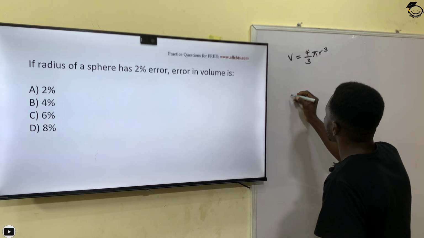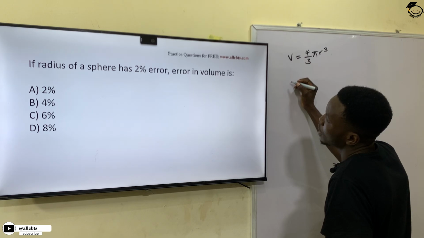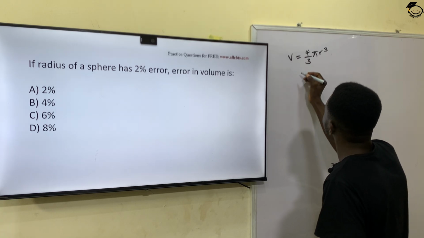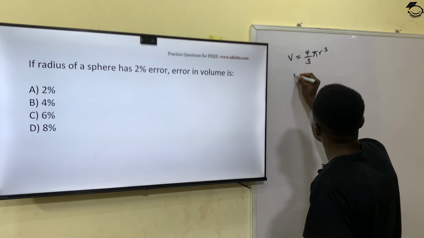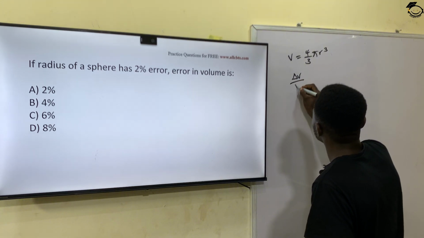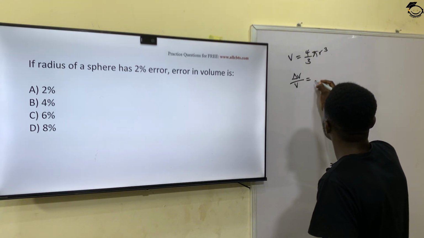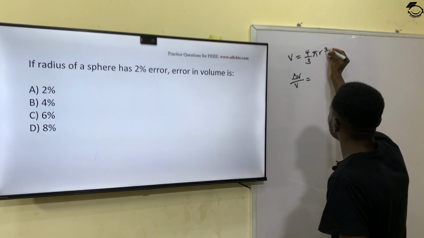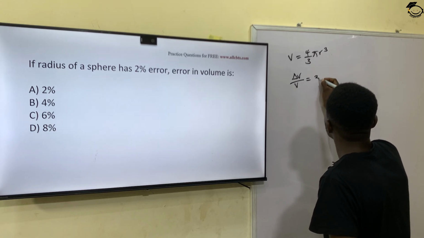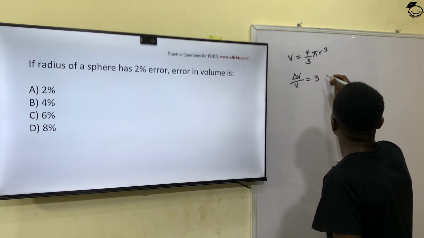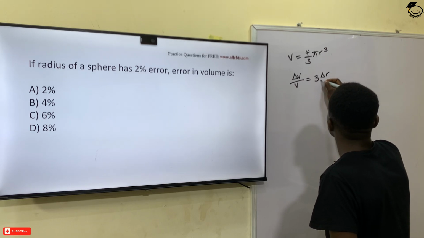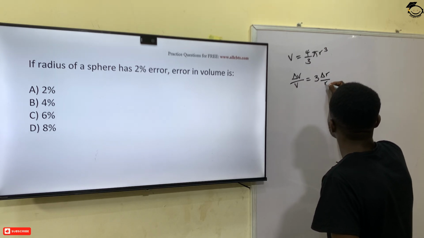So it means that since I have 2% error in the volume, this is the same thing as saying that my change in volume over volume, therefore, will be equal to, because of this raised to power 3 here, 3 times my change in radius over the radius.